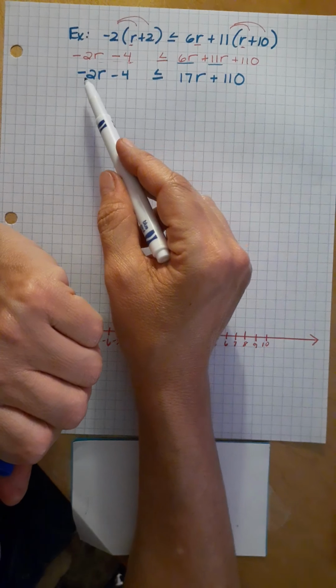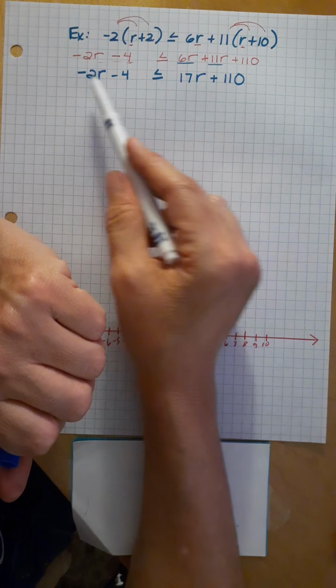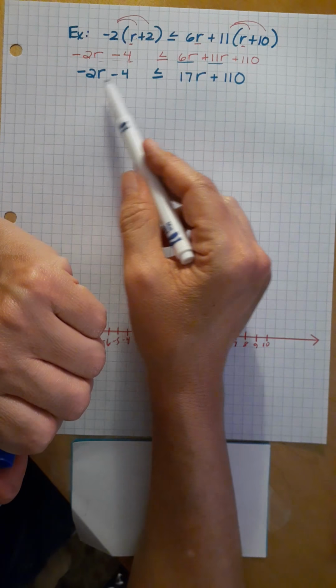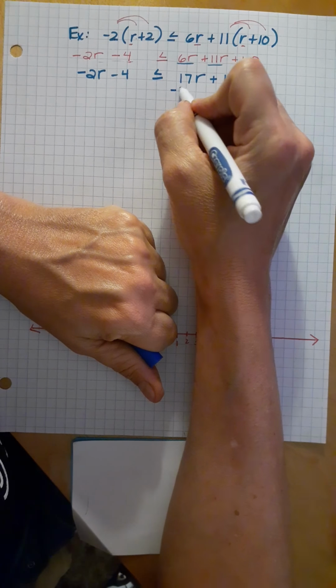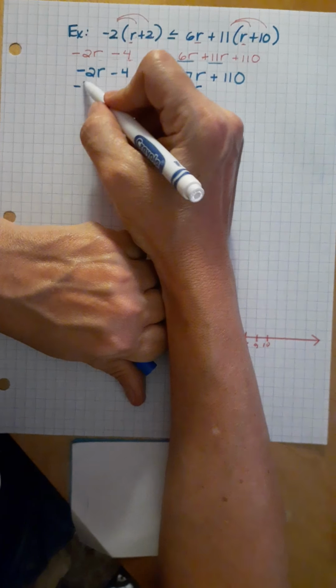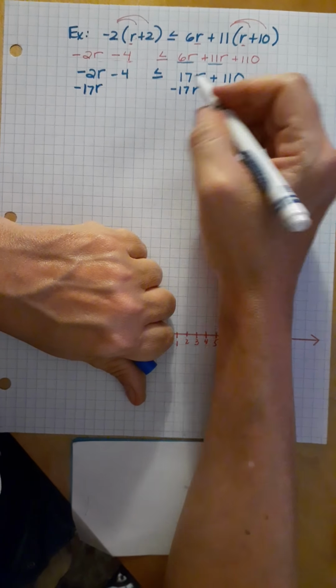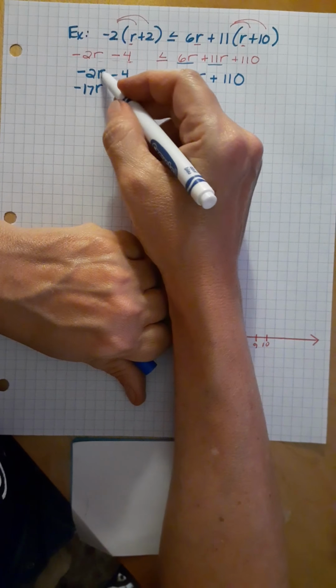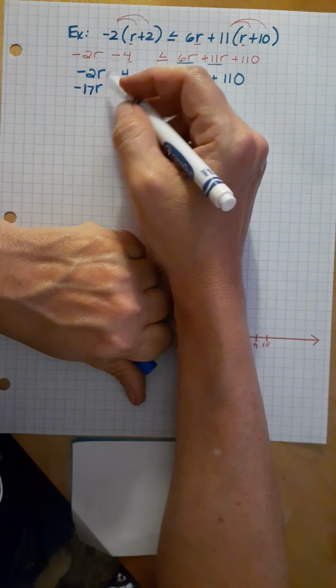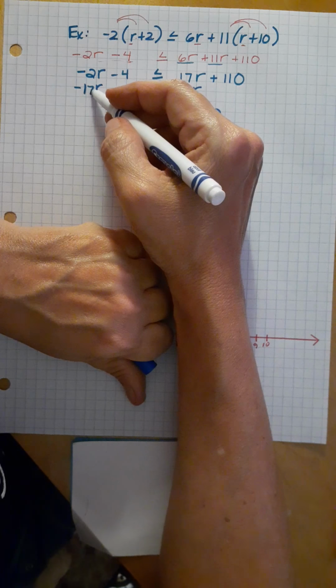Okay? All right, so let's do that. I'm going to move my r. Even though 17 is larger than negative 2, I'm moving it over here because of that inequality. And sometimes it's hard to read. So I'm going to subtract 17r from both sides. This becomes 0 plus 110. Negative 2 minus 17. I owe $2, I owe 17. Guess what?